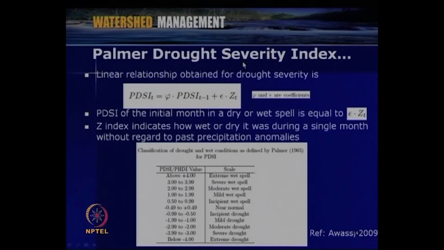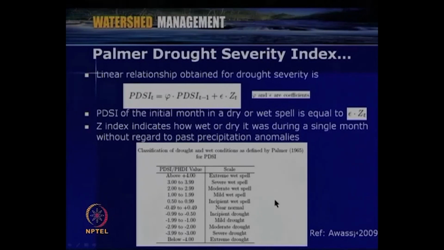So, accordingly we can identify the Palmer drought severity index. Drought is concerned when this index is negative, especially if it is less than minus 0.5. Then there is starting from mild drought to extreme drought below minus 4.